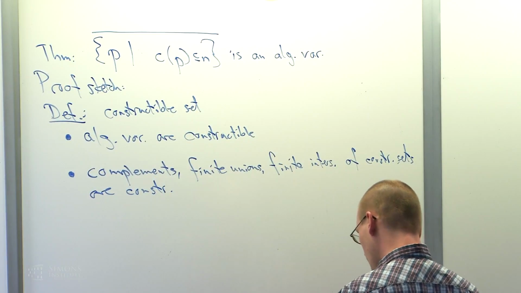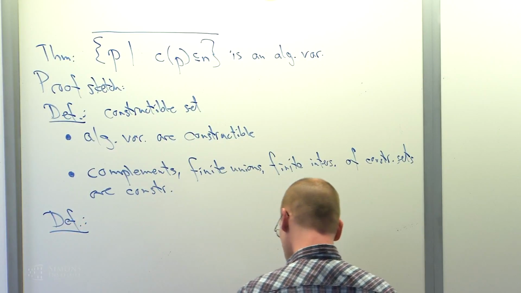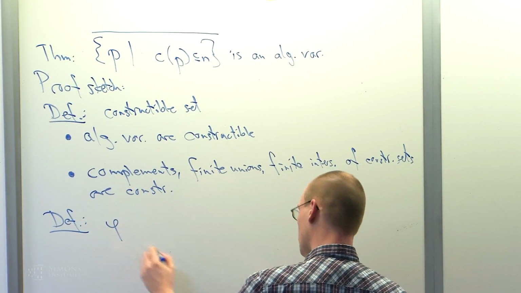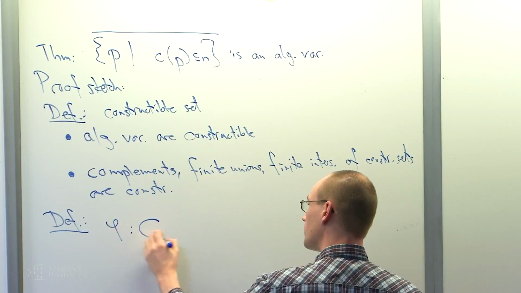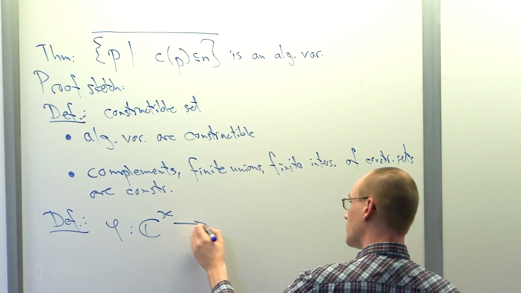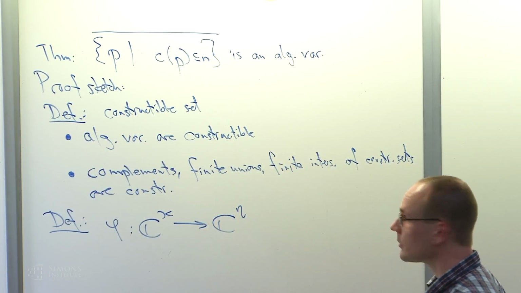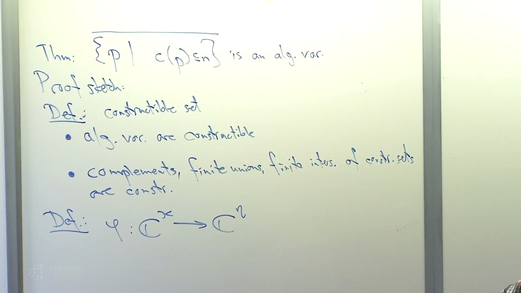And then you define what a polynomial map is. You have some map that goes from some complex vector space, say of dimension kappa, to, say, dimension eta.